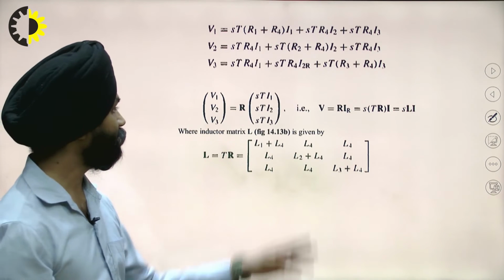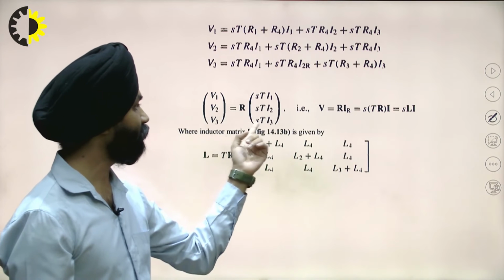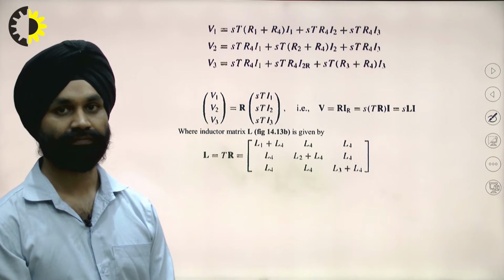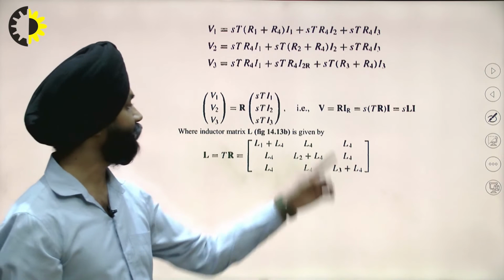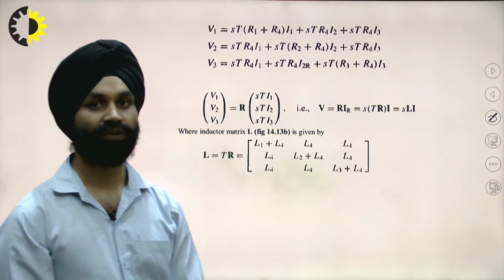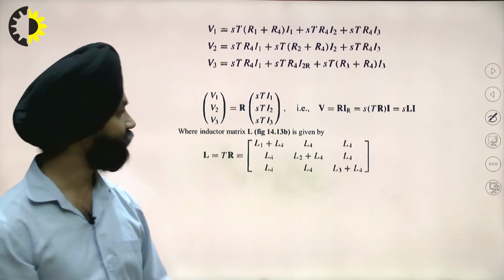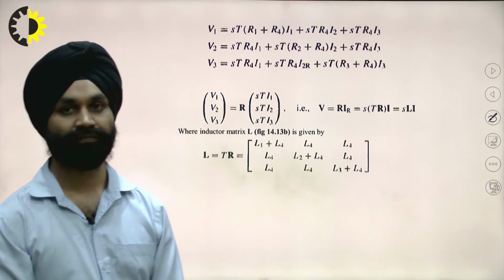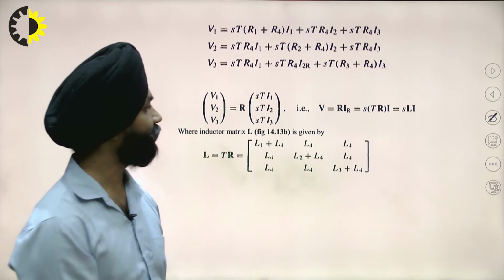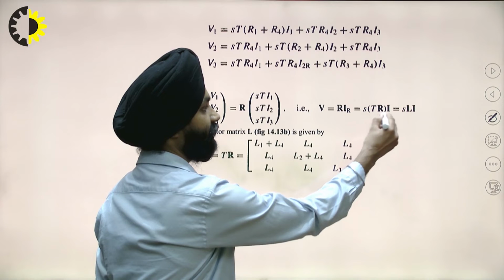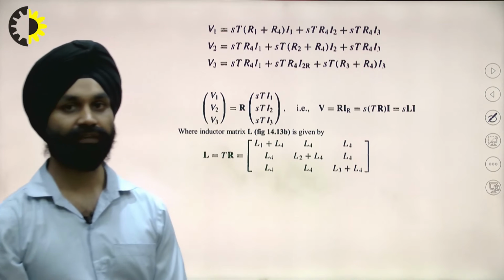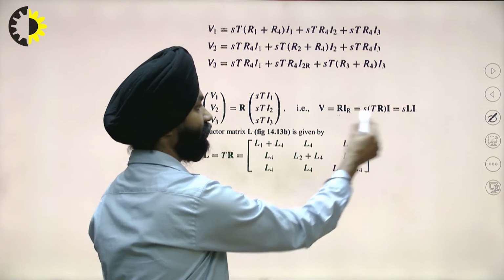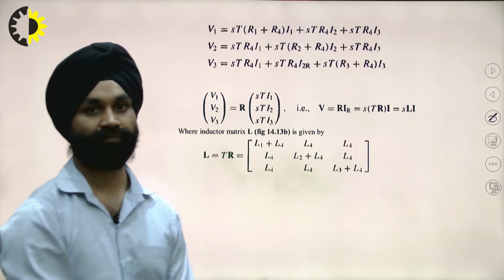Now from this equation, it is STR into I, and previously we have said that it is V is equal to IR. So here we can say that R is equal to STR, or we can say that STR is an inductive impedance, or we can say that this R is SL.